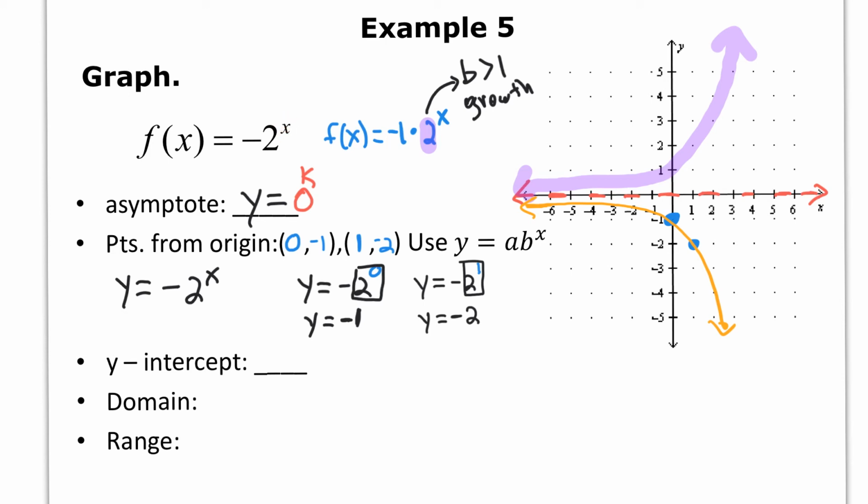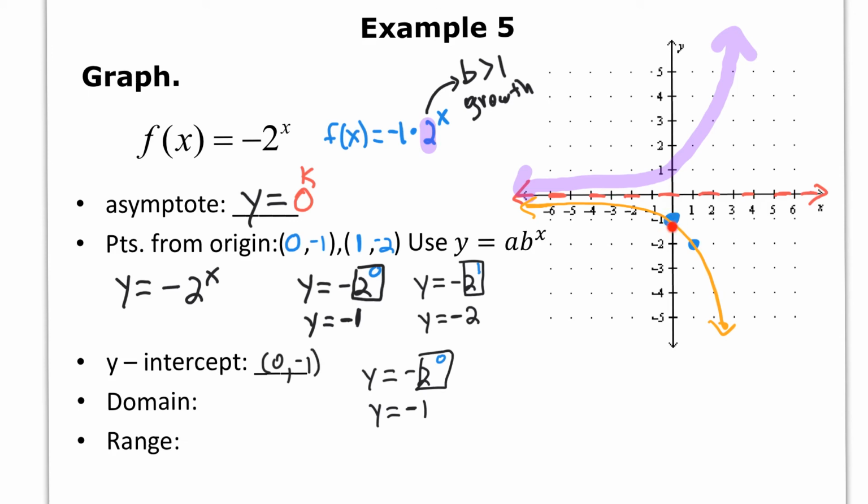So I'm going to have y equals negative 2 to the 0 power. That's going to be your y-intercept, and I need to find the y. So y equals, you keep the negative because you don't have a parenthesis, and 2 to the 0 power is 1. So my y-intercept is at (0, -1).